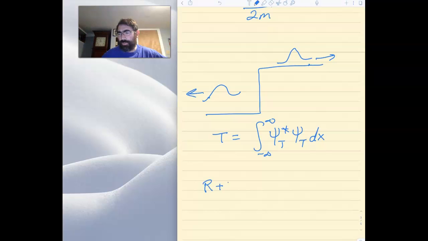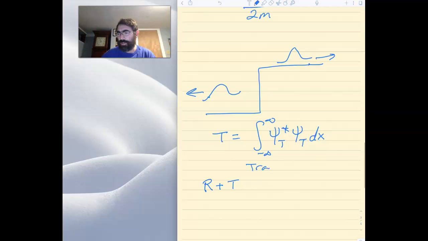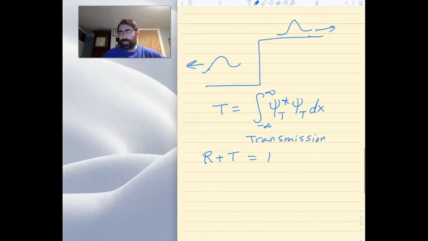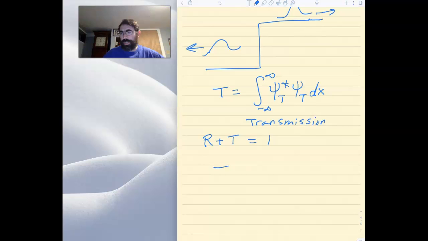So the reflection coefficient plus the transmission coefficient is going to be equal to 1. Therefore, instead of solving the integral, we can just say that the transmission coefficient is 1 minus the reflection coefficient.